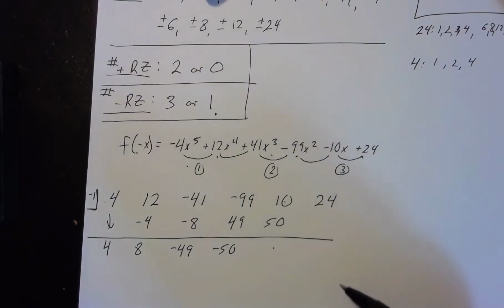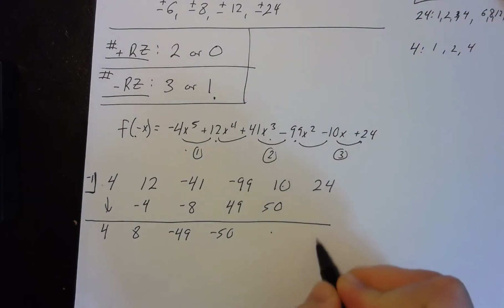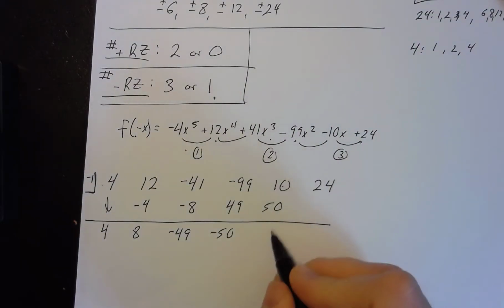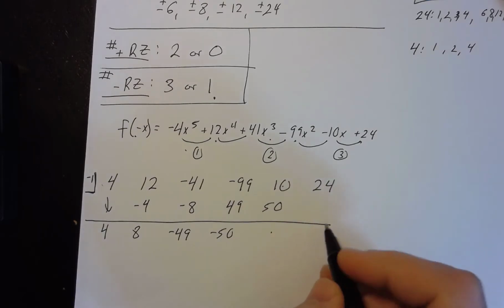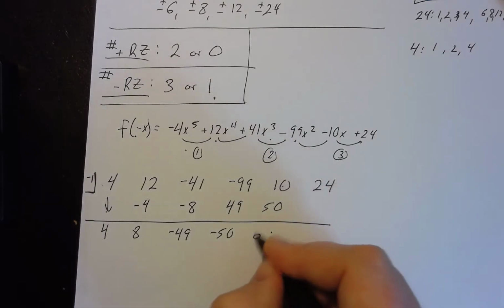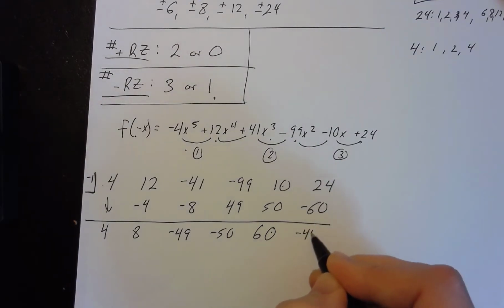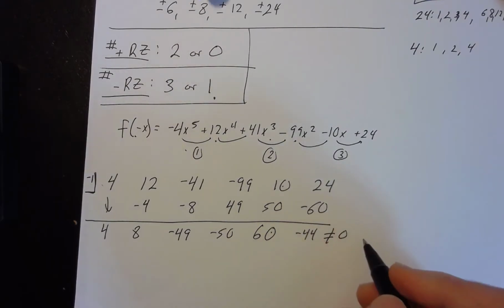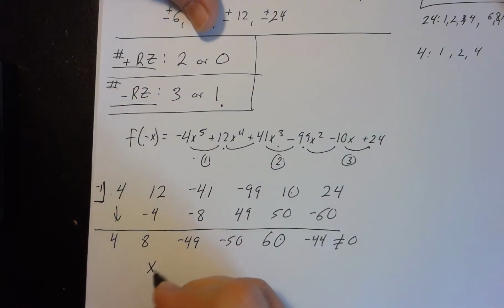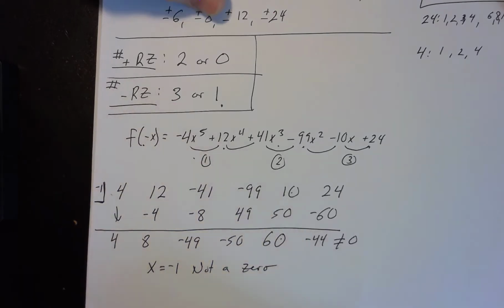And remember, for us to actually find a factor, the remainder needs to be 0. And I know that negative 60 plus 24 is not going to be equal to 0. So I know right here that 60, negative 60, negative 44 does not equal to 0, and therefore x equals negative 1 is not a factor, or at least not a 0 of this polynomial.